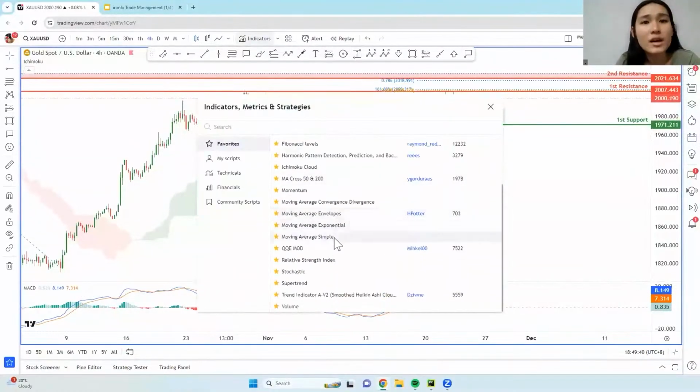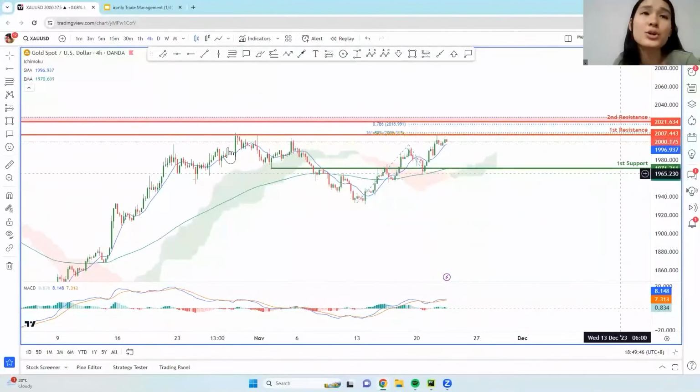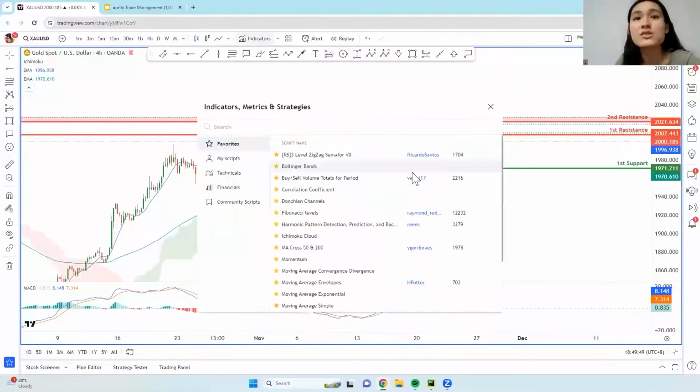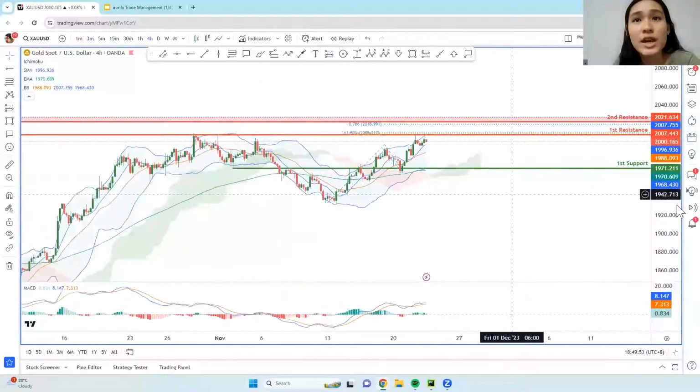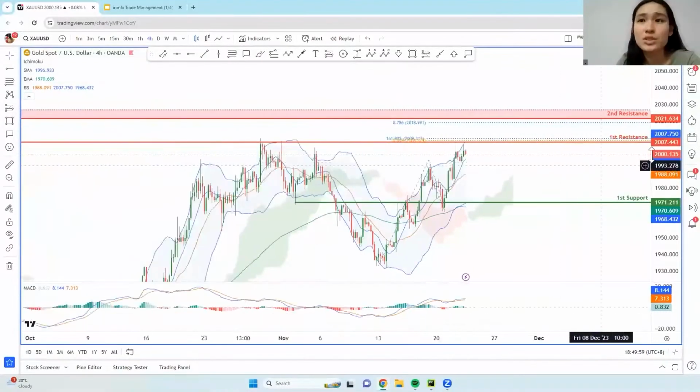Let's take a look at our moving averages. Price is moving above both of our moving averages, so that's a good sign. It's bullish. And we can see on our Bollinger, price is moving above the upper band, so it's also giving us a bullish signal.